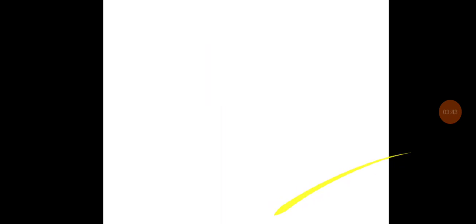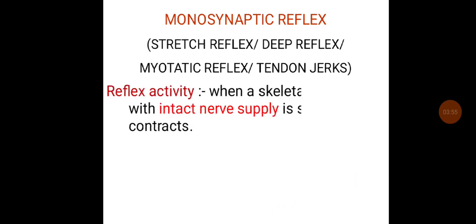According to development, they can be unconditional or conditional. Unconditional reflexes are inborn, whereas conditioned reflexes are learnt after birth. Coming to the monosynaptic reflex, it is also called the stretch reflex, deep reflex, myotatic reflex, or tendon reflex.